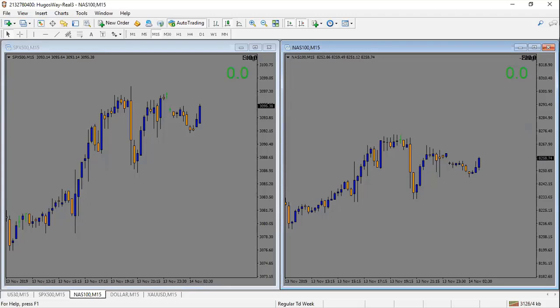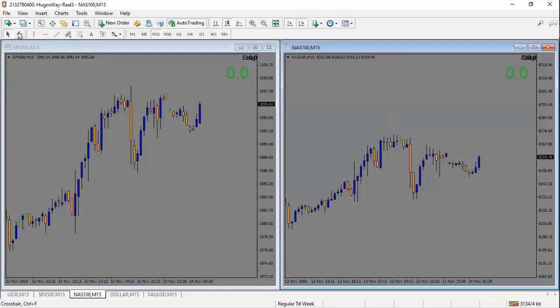So I trade NAS 100 and US30 mainly. Not that I have anything against SPS 500, but I just don't like to take three indices trades at the same time, right? Because that could be really dangerous, okay? SPS 500 may be one of the slowest of the three, right? And NAS 100, this drop right here, this drop, this is on the 15-minute. 395 pips in 30 minutes.